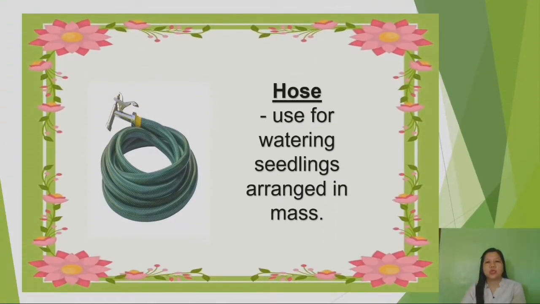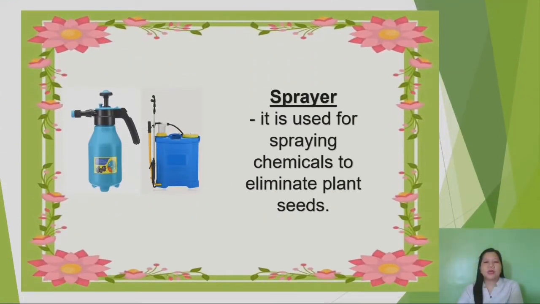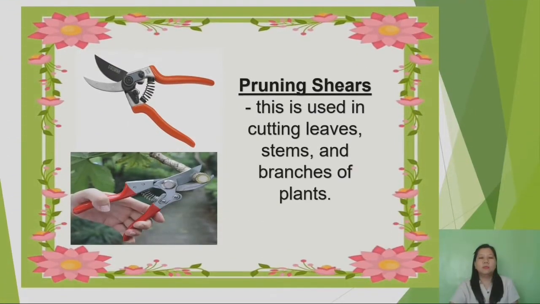Hose, used for watering seedlings arranged in mass. Wheelbarrow, it is used to transfer soil, plants, and other materials from one place to another. Sprayer, it is used for spraying chemicals to eliminate plant pests. Pruning shears, this is used in cutting leaves, stems, and branches of plants.